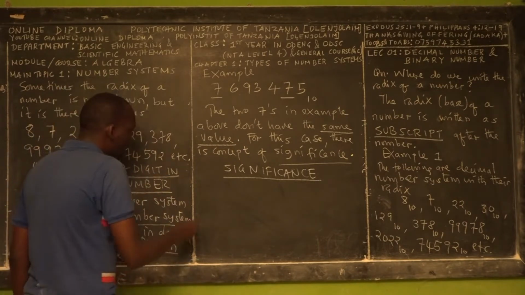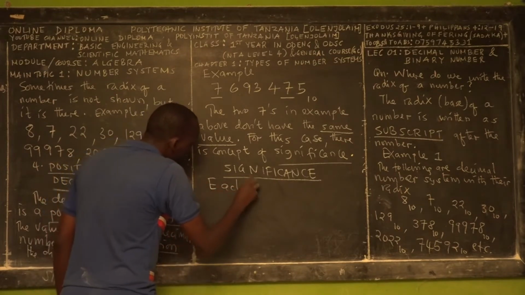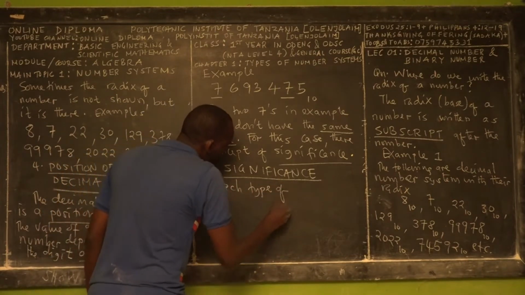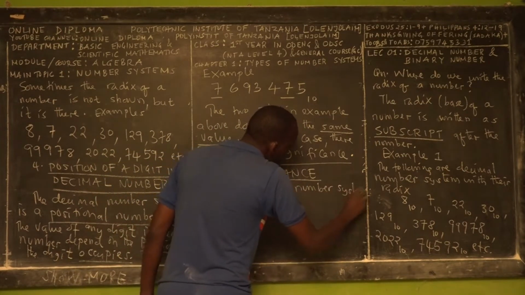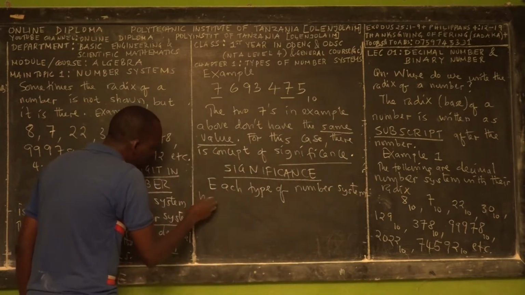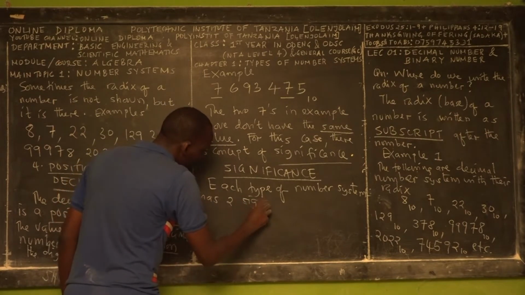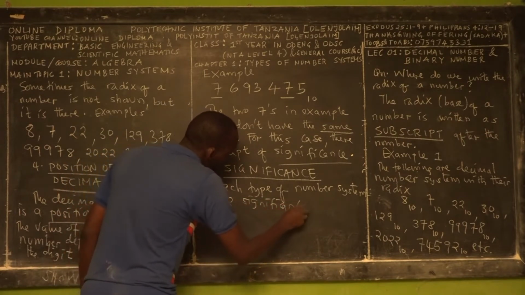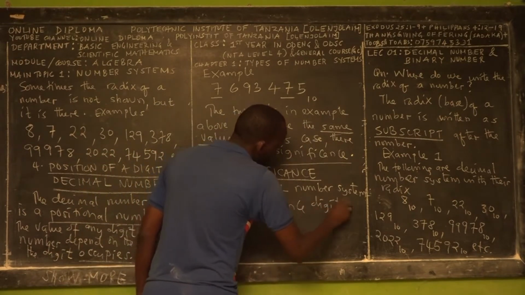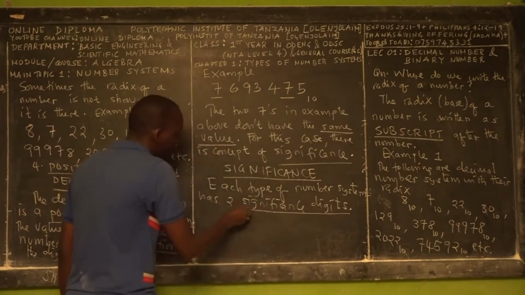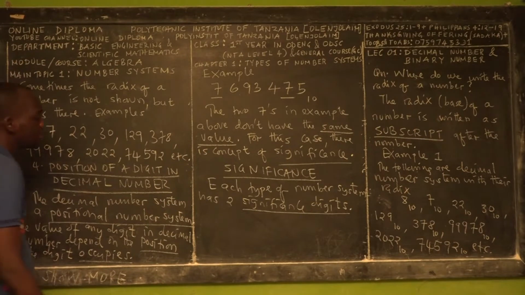So I say that every type of number system has two significance digits. Significance digits. So each type of number system has two significance digits.